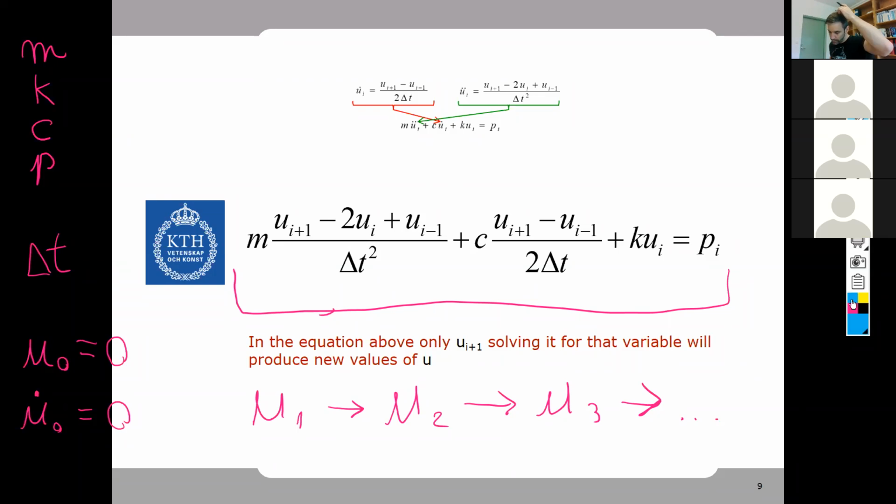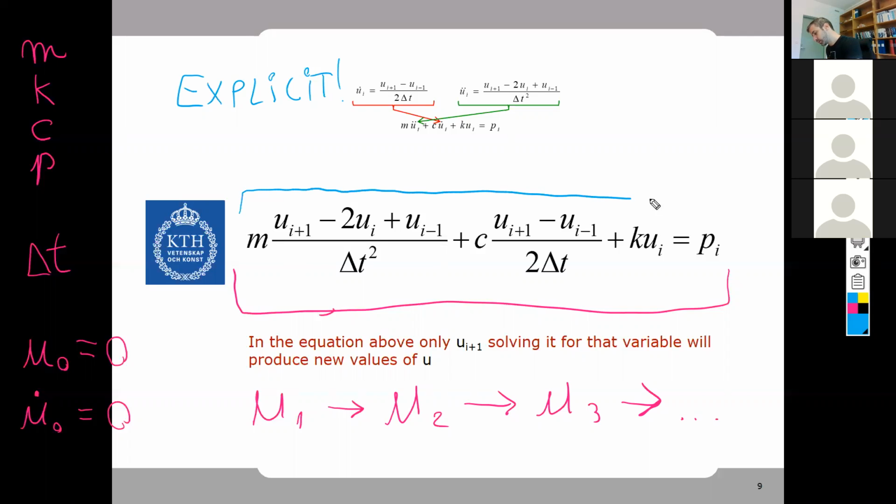Again, this method belongs to the family of methods that we choose to call explicit. And it's called explicit because we use the equation of motion, this equation, at the value of t equals t sub i, okay?